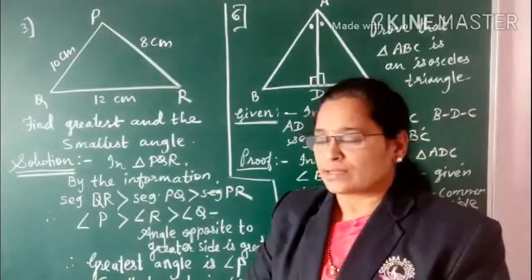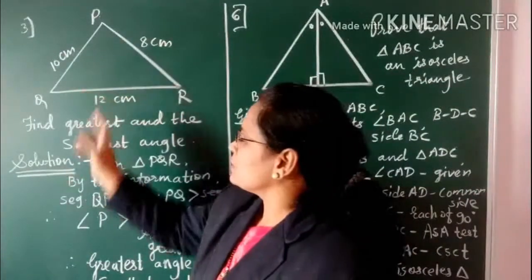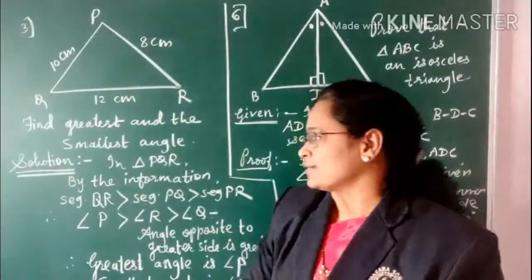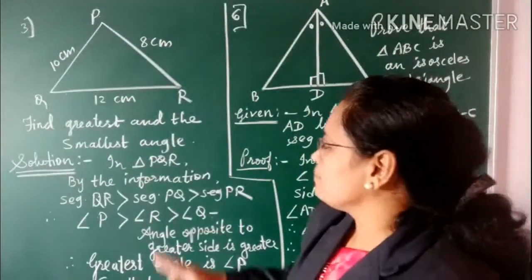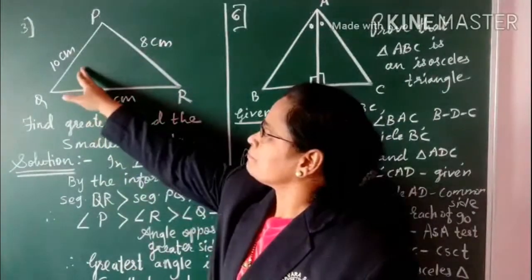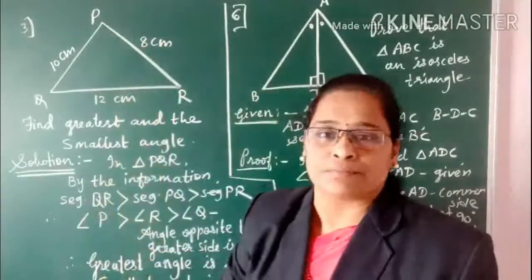Let's see the solution of two more examples. Here in triangle PQR, the lengths of all three sides are given and you are asked to find out the greatest and the smallest angle. Now in triangle PQR, as per the information here, segment QR is greater than segment PQ and the length of segment PR is smaller.